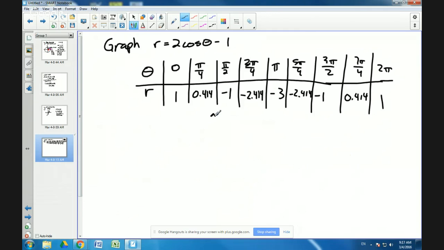Since I can't find my grid, we'll just have to agree on this one. Radiuses from 0 to 3. Zero is theta. 1 is the radius.